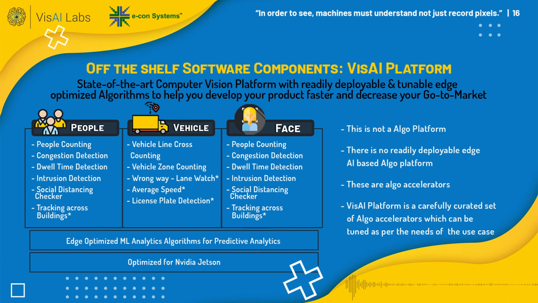These are blocks which we have trained, and these are models which will work with Deepstream, and we have trained them for a particular data set. If anybody has a requirement for people counting in a different situation, these models can be retrained or used for their applications as well. This is what we call algo accelerators.